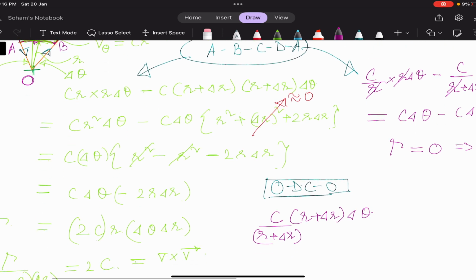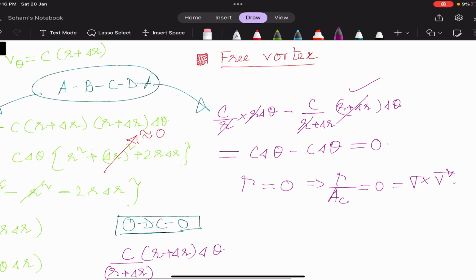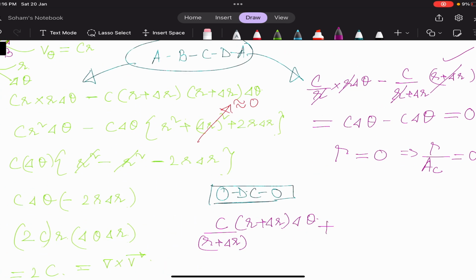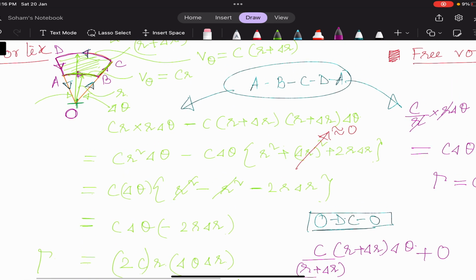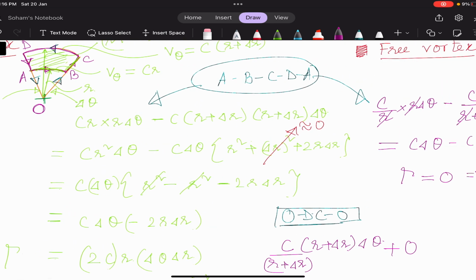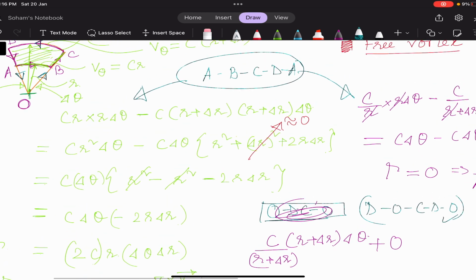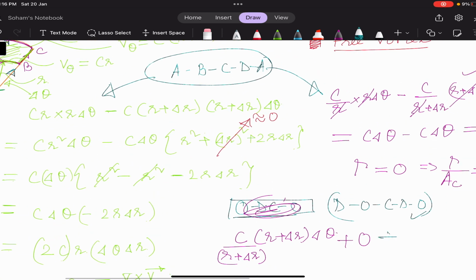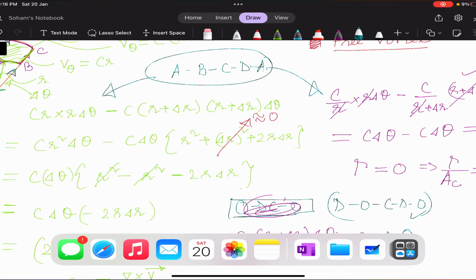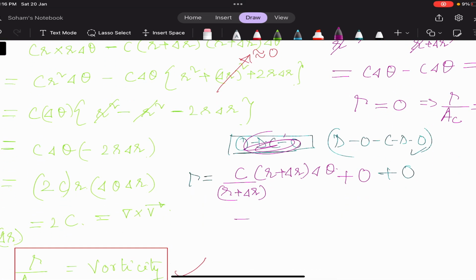So this is for the path CD, the same expression, and plus 0 for path DO. I had written the incorrect sequence, it is DOCDO. Now this is correct. So for DO and for OC the circulations are 0, so this will come as C delta theta, and this is non-zero.